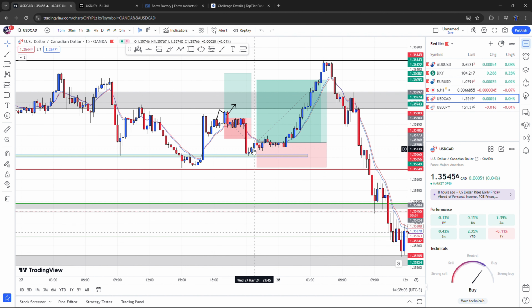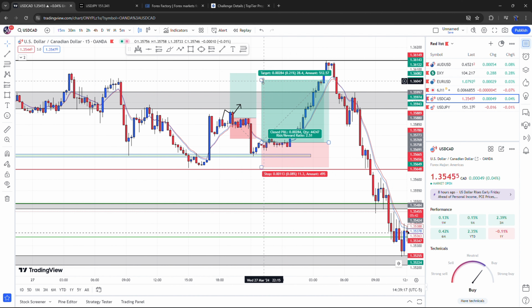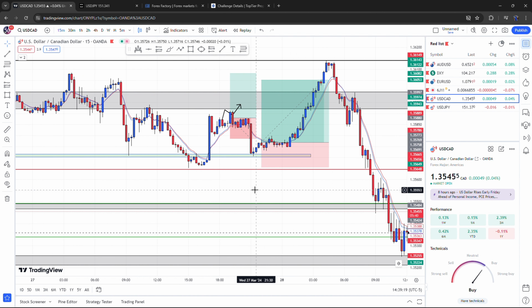So this time I was able to see that we were making higher lows and higher highs. Then I got an entry to buy again, and this time it went straight to my take profit while I was sleeping, so that was nice.